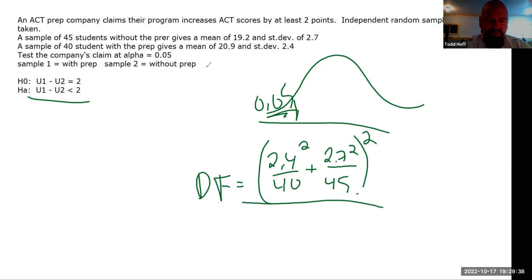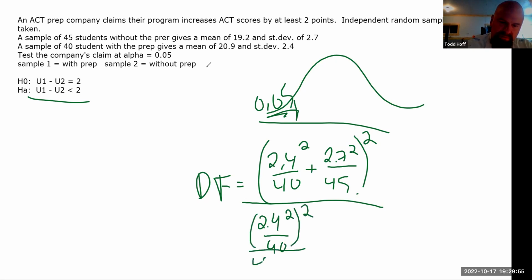That's going to be over our standard deviation from sample 1 of 2.4 squared over 40, that's squared over 40 minus 1, plus 2.7 squared over 45, all squared over 45 minus 1.